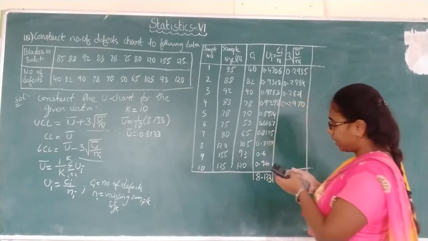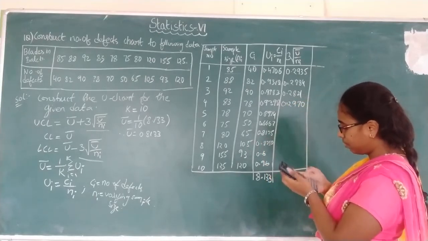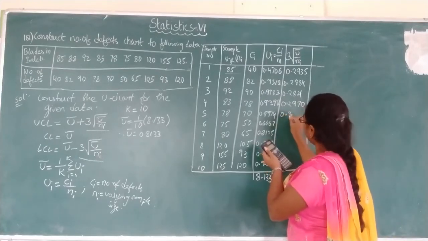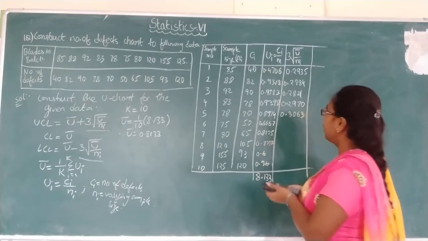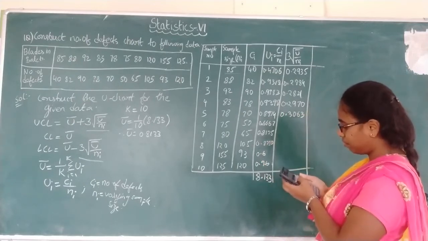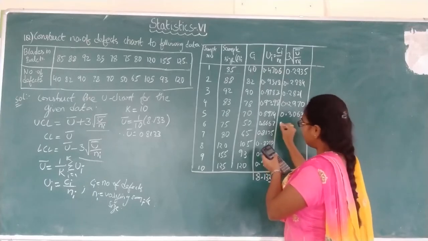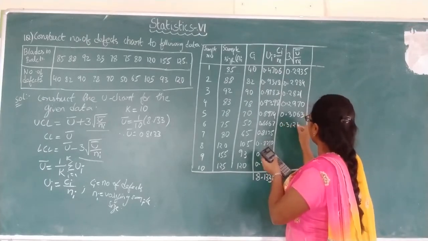Next 83 gives 0.2970. Next 78 gives 0.3063. Next 75 gives 0.3124.